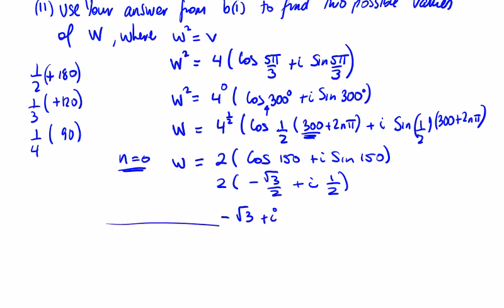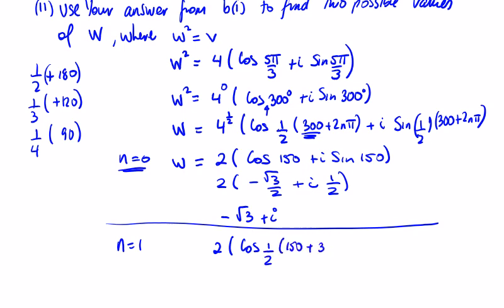It's the first solution. When n is equal to 1, we're going to add on 2 pi by a half. So we're going to get 2 by the cos. We write it in long form. A half times 150 plus 2 pi, which is 360, plus i times, and you should be able to see what this is and do it a shorter way.